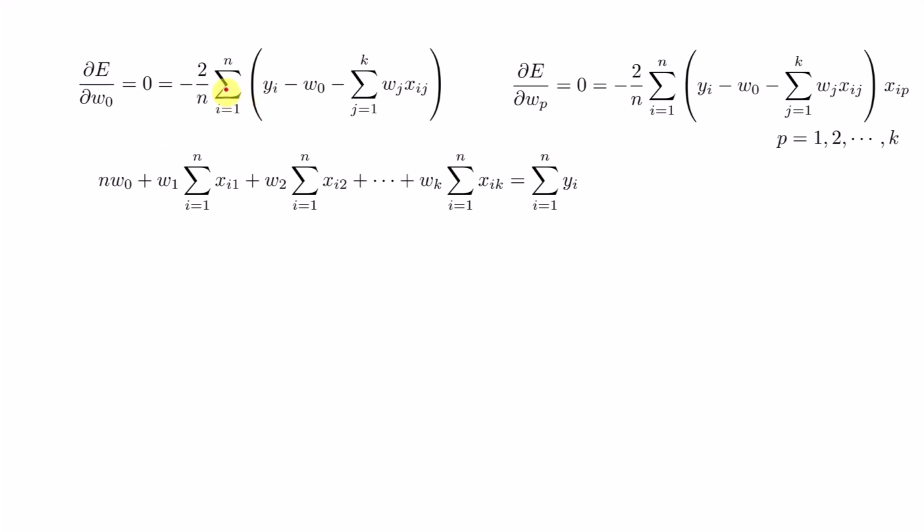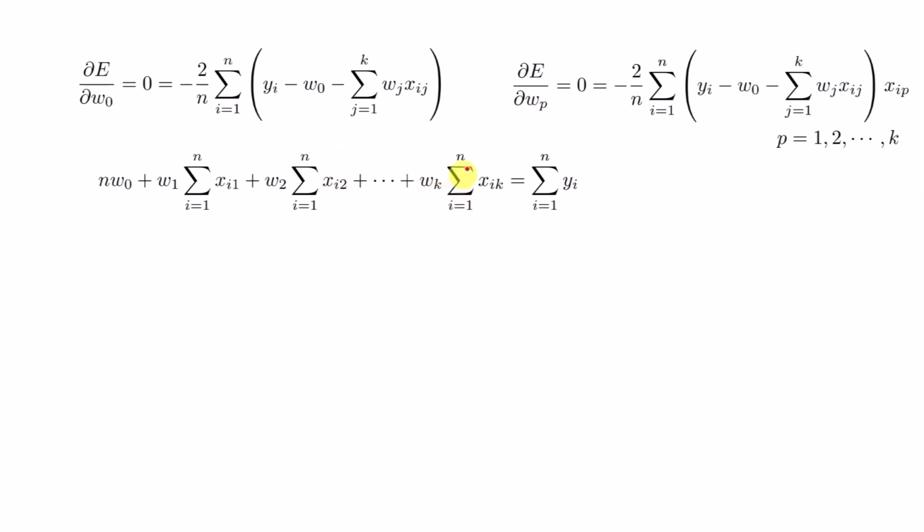Here I can write by breaking this summation into each term, and I am removing this 2 by n, only the minus sign I am keeping. So I will have this n w naught here, because w naught will come out of the summation sign. Summation will be only over 1. So this is n w naught plus w1, that will give us this xi1, so this xi1 will be summed over. Then w2 will come with xi2.